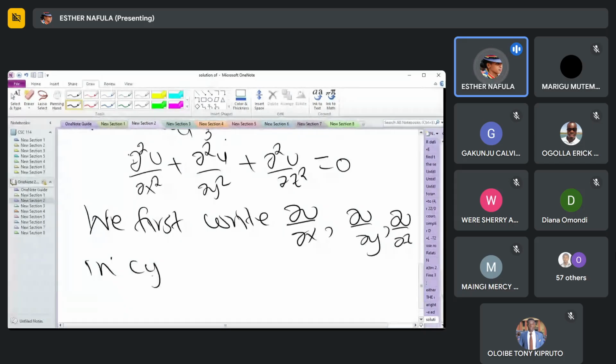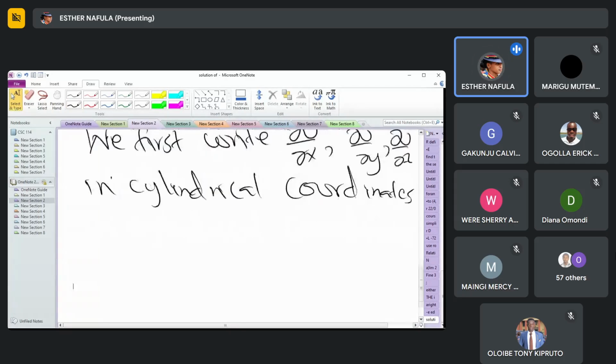We need to write those partial derivatives in cylindrical coordinates. So notice we are starting from u as a function of x, y, and z to u as a function of r, theta, and z.